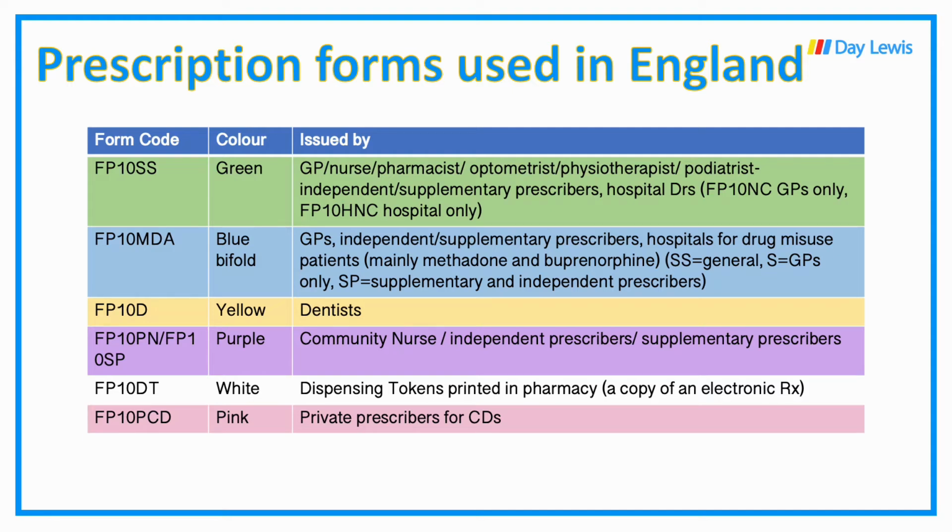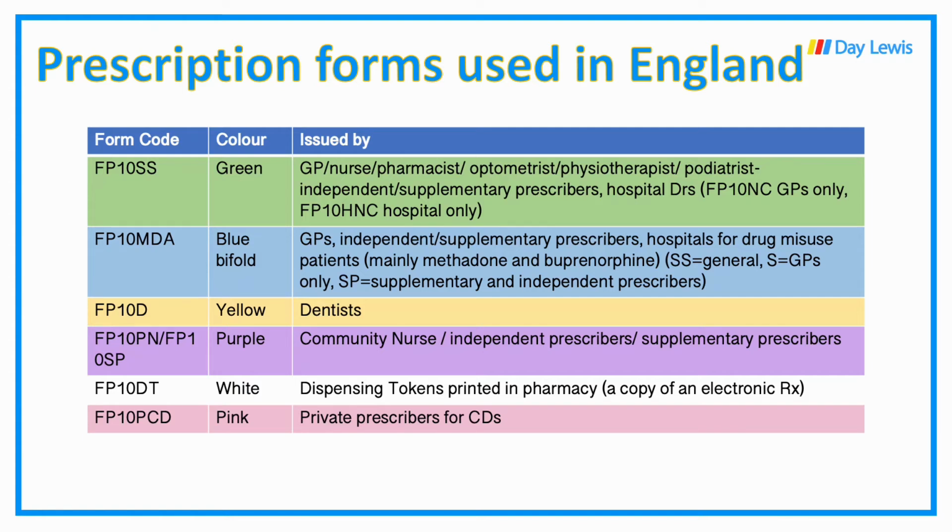They can be GPs, independent or supplementary prescribers, but usually that is for a substance or drug misuse patient specifically. I have also included the FP10DTs, the dispensing tokens used as an electronic prescription copy. Those are printed within the pharmacy, used for electronic prescriptions.